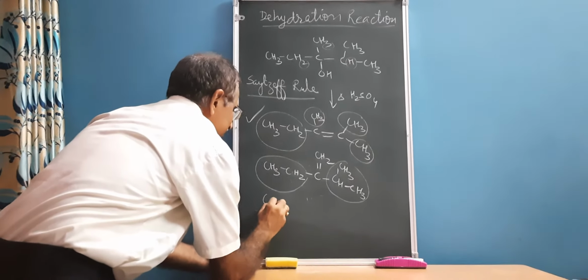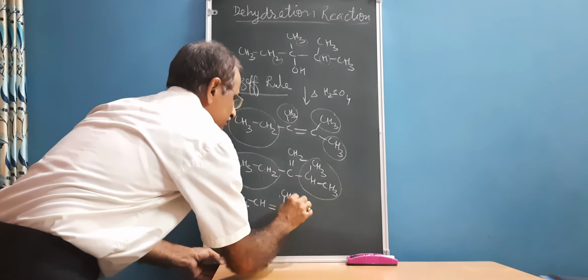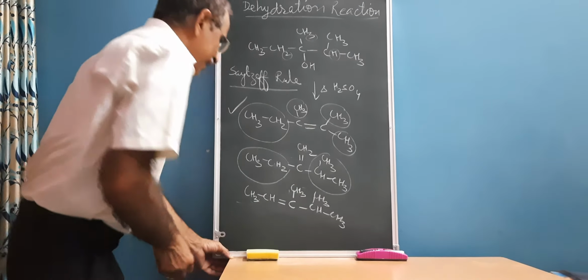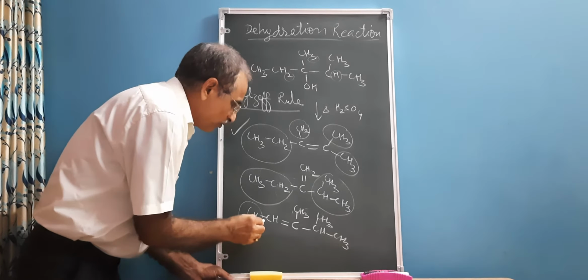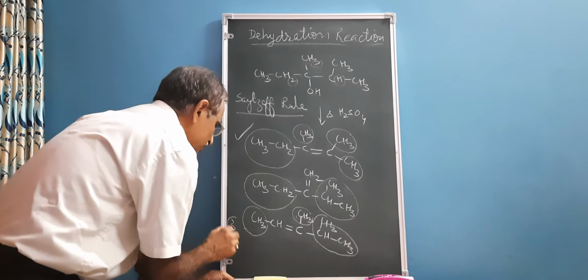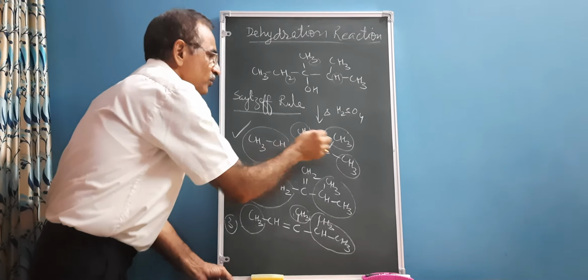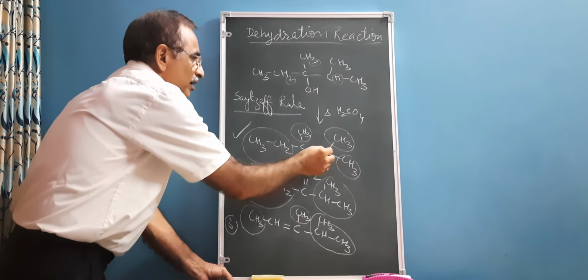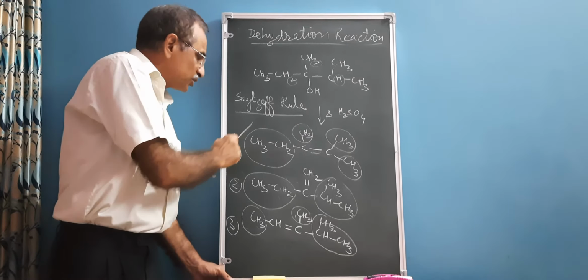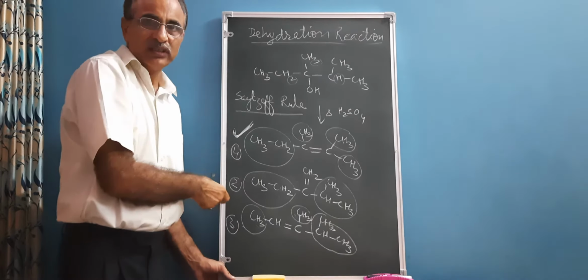Here we can see that in this case, substitution 1, 2, and this one is 3. Here only 3 substitution is there. Here 1 and 2, only 2 substitution is there. Here 1, 2, 3, and 4. 4 substitution is there. It means the highly substituted alkene is this one. Therefore, this product is formed during dehydrohalogenation reaction.